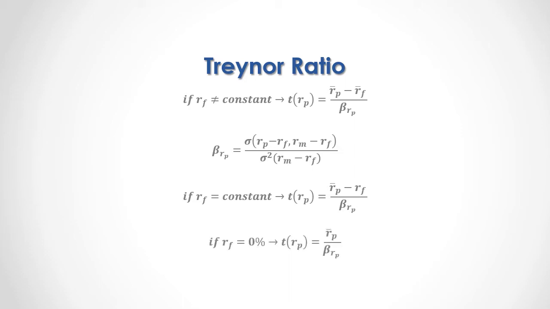And last, if for simplicity purposes we assume a 0% risk-free rate, then the portfolio returns Treynor ratio is equal to, and within the numerator we have the portfolio returns mean, and that result is then divided by the portfolio market beta. Again, this portfolio market beta is calculated using the same formula as in the previous slide.